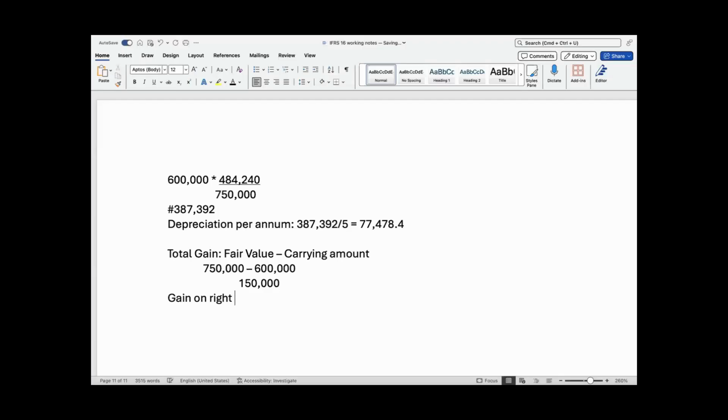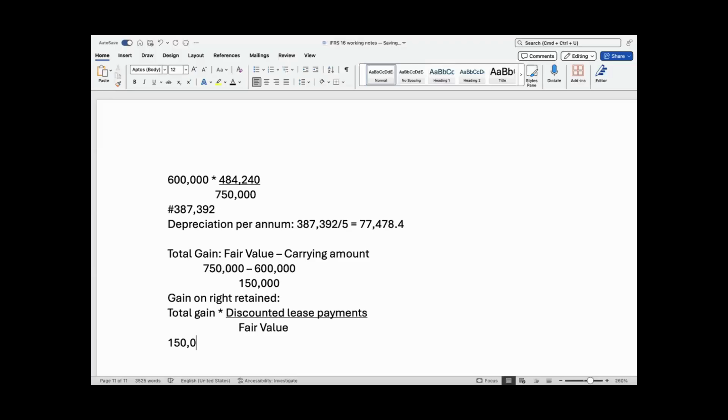Then I will derive my gain on rights retained, which is the total gain times discounted lease payments all over fair value.